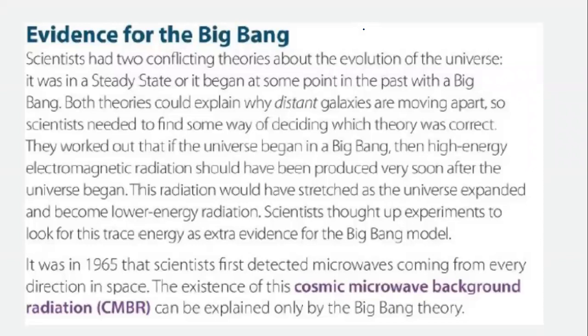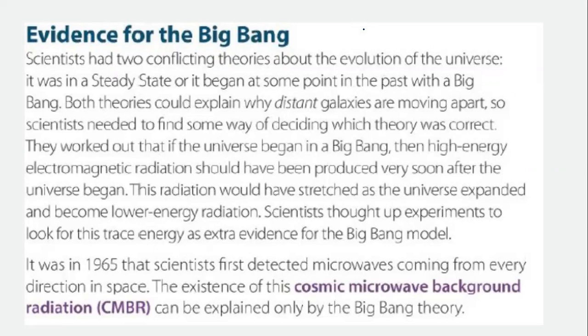What the scientists were saying is that if the universe began in a Big Bang, then high energy electromagnetic radiation should have been produced very soon after the universe began.